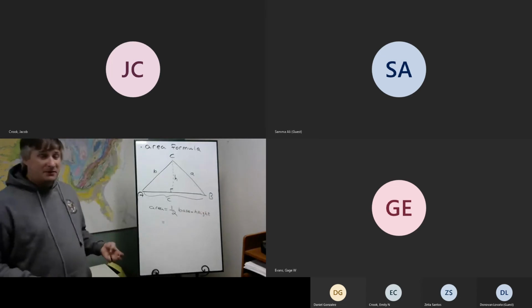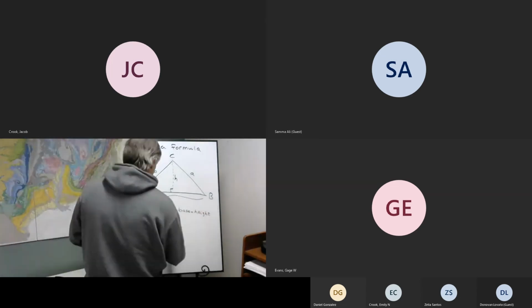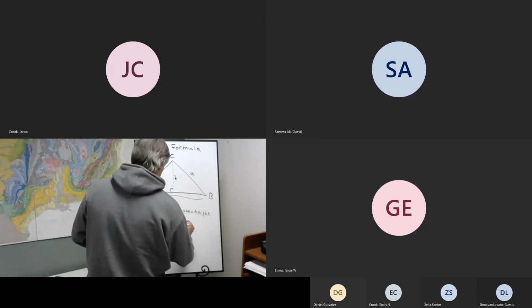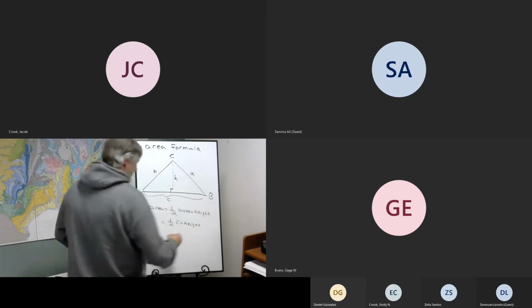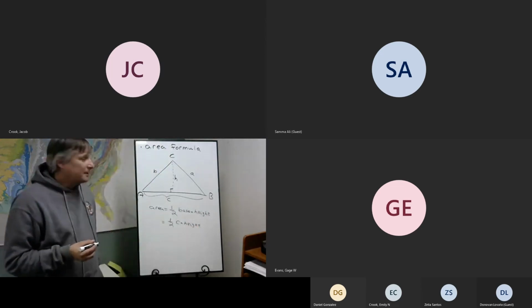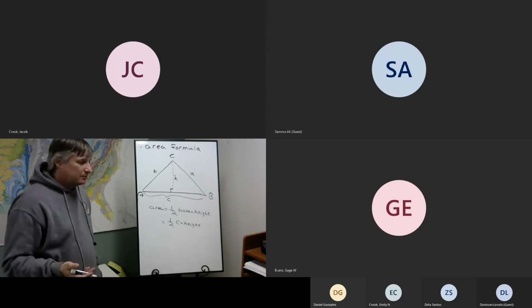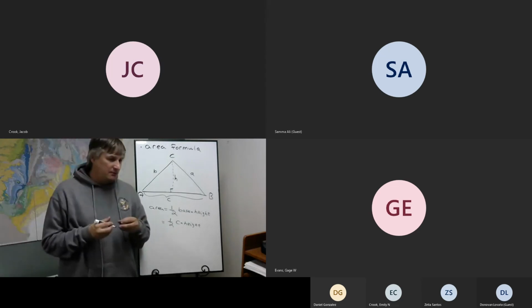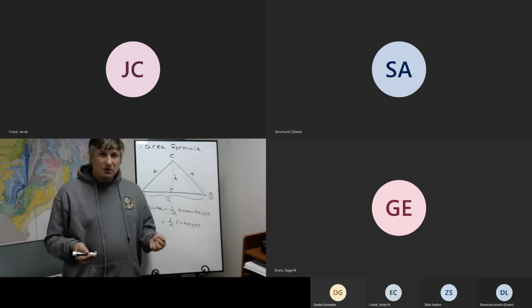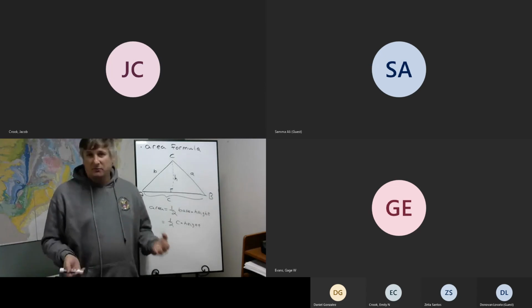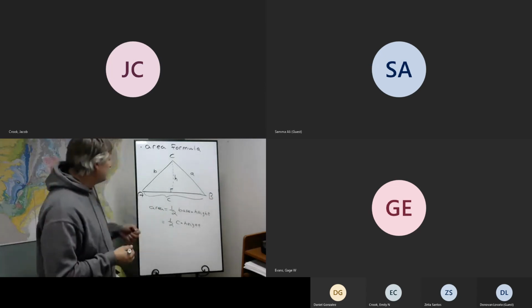Now in this case, the base is C. Now we need to come up with the height. Just like we were looking at the formula for height with the ambiguous cases, we're going to use the same formula here.